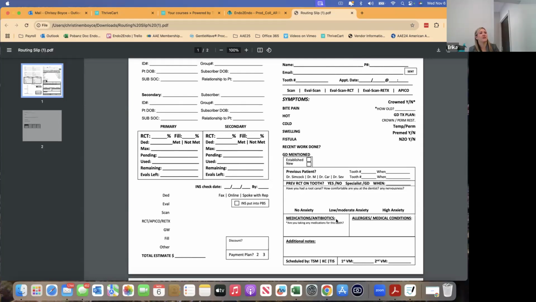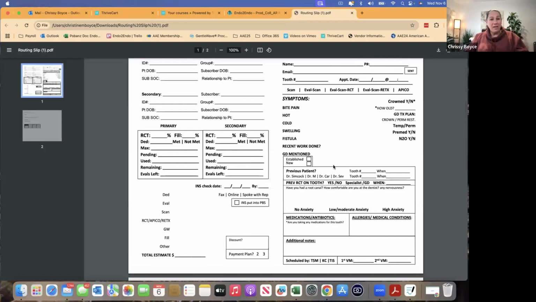So that's why this routing slip is so important, is you write everything on it. If you feel it's a difficult patient, write down there, hey, offered patient this appointment, they want an evaluation first. Because this is going to be scanned into their chart in the computer when everything is said and done, and you're going to have future information for this patient.